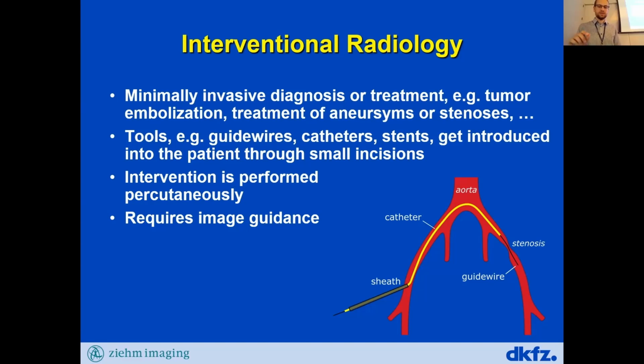So the patient has a stenosis, and to treat it, a guide wire is introduced into the patient's vasculature and navigated to the target site. And following that, other tools like catheters or stents are introduced into the patient. And since these interventions are performed percutaneously, some form of image guidance is required.